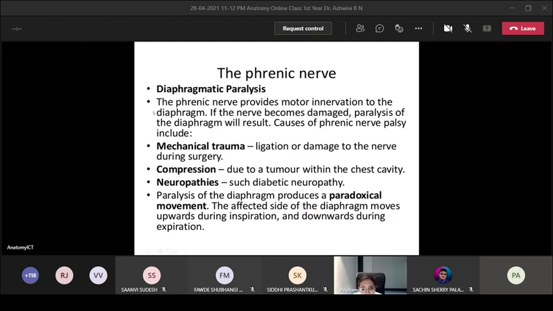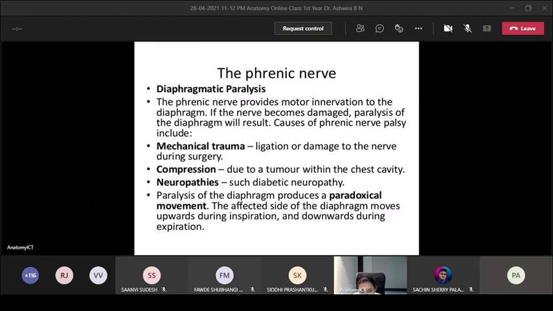The phrenic nerve may be damaged during surgery, or accidental ligation may occur during surgery. It may be compressed by tumors in the thoracic cavity, or because of neuropathies such as diabetic neuropathy, the phrenic nerve may be paralyzed. In paralysis of the diaphragm, it produces paradoxical movements.